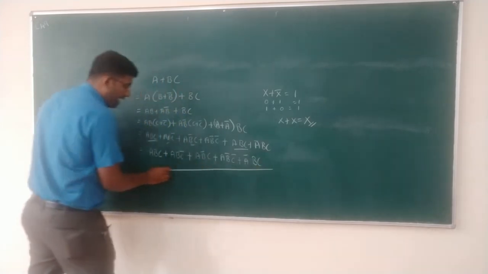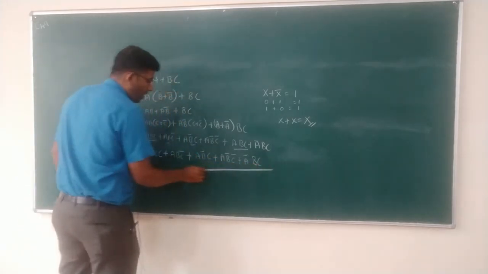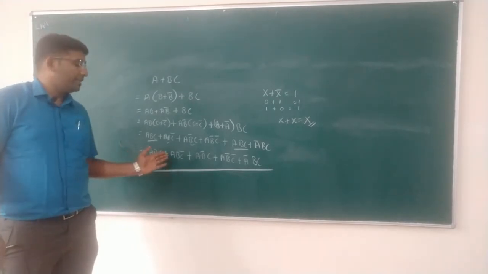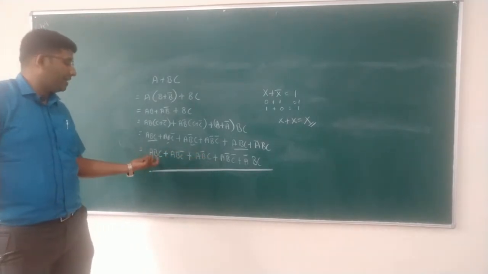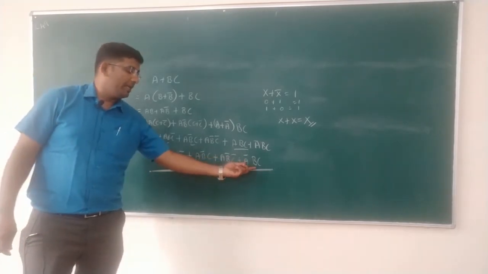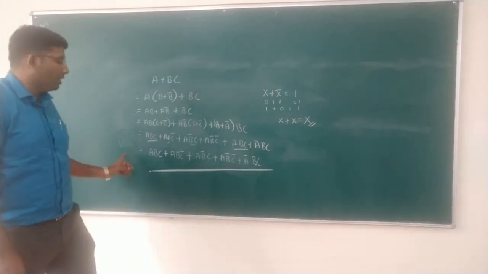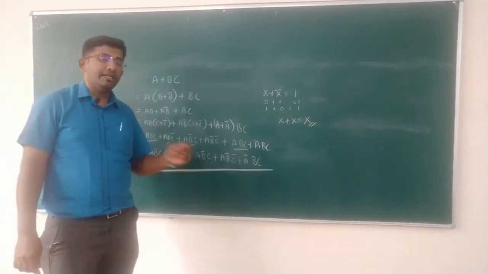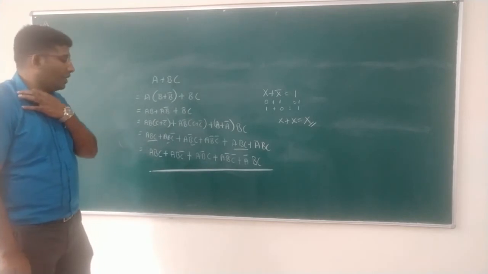So we are having a standard SOP form, or you can say it is a min term, where within a logic system we will be having three variables A, B, C. All the variables are present either in complemented or non-complemented form throughout this expression, and it can be treated as a min term or standard sum of products.